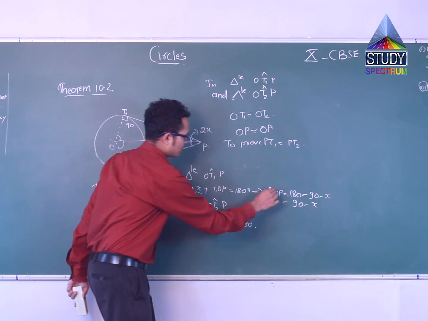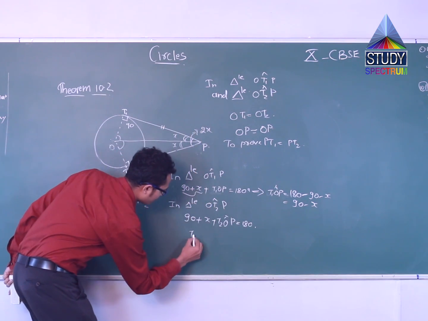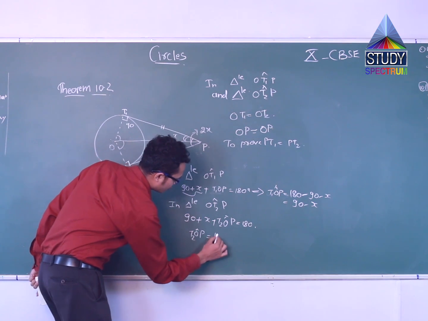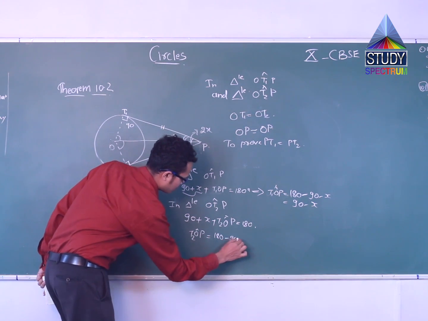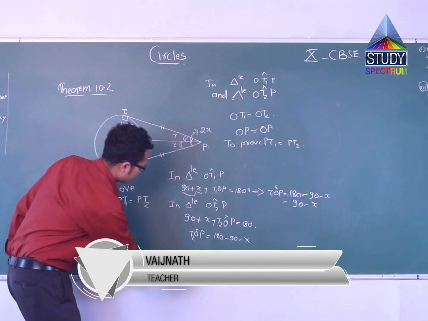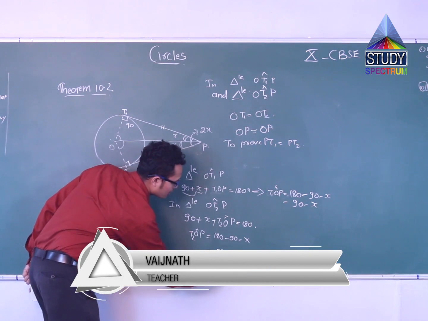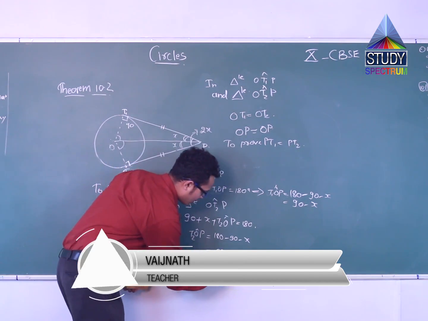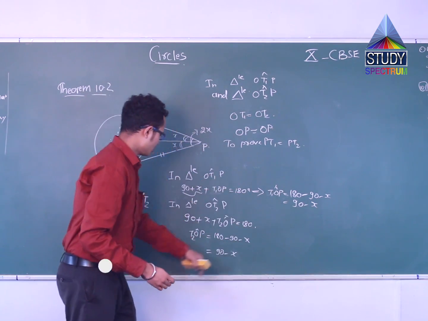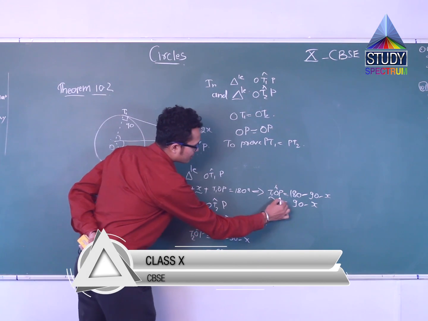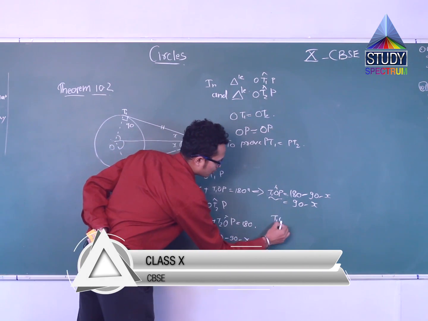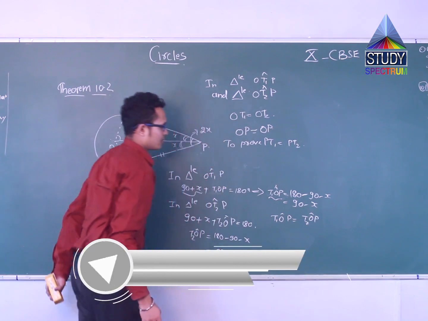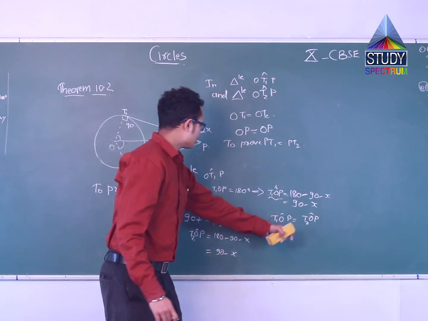That is angle T1OP. Here angle T2OP will be equal to 180 minus 90 minus x, which is equal to 90 minus x. So 90 minus x and 90 minus x are equal in magnitude. So I can equate T1OP to T2OP.